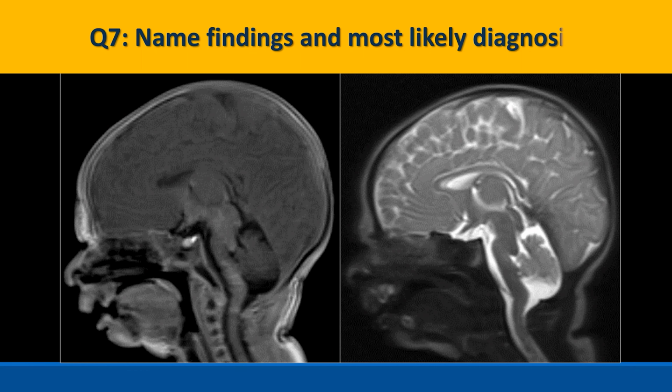So we have a sagittal T1 weighted sequence and then a sagittal T2 weighted sequence. The posterior fossa looks small. The midbrain, pons and medulla look abnormal. The pons looks small.